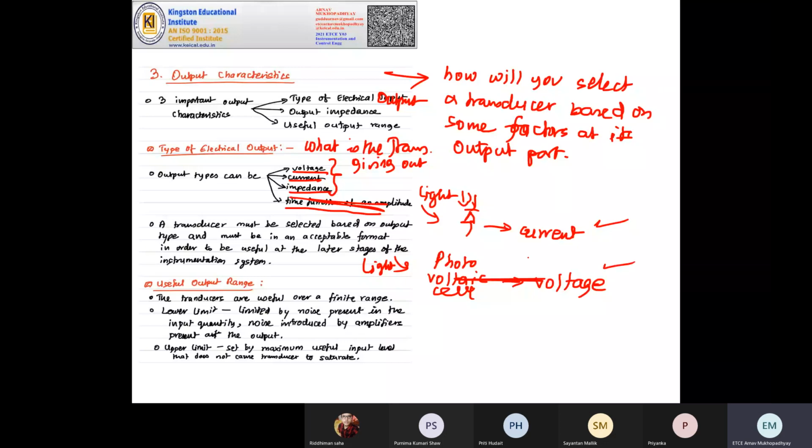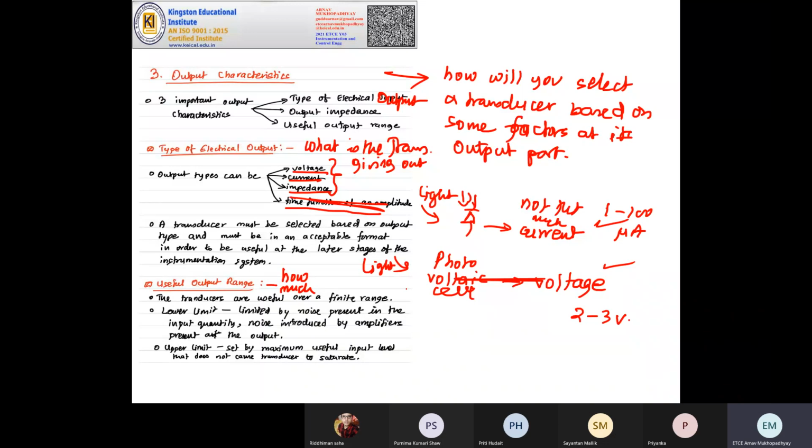The second factor is output range. That is how much. Generally, when light falls on a photodiode, the current is not that much. It is around 1 to 100 microampere. But when you're talking about a photovoltaic cell, it can output up to 2 to 3 volts.